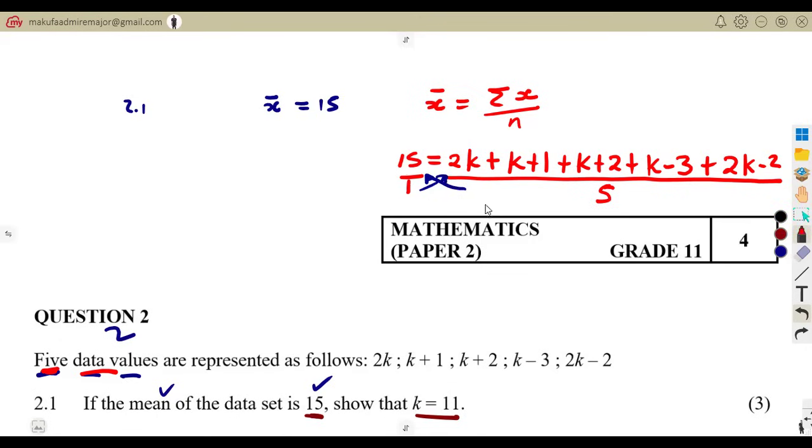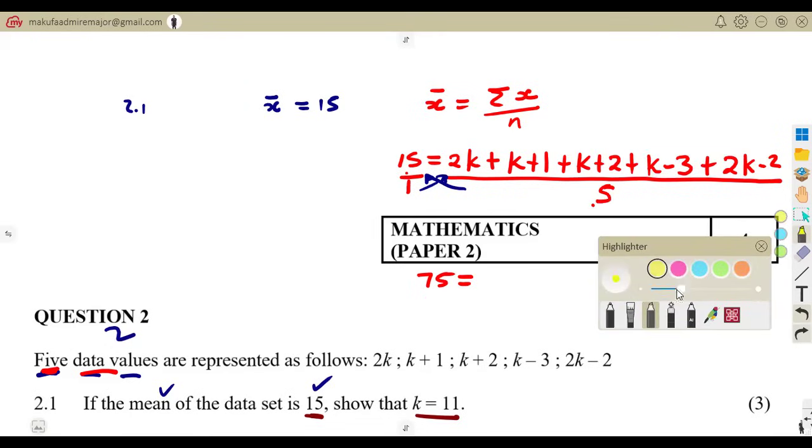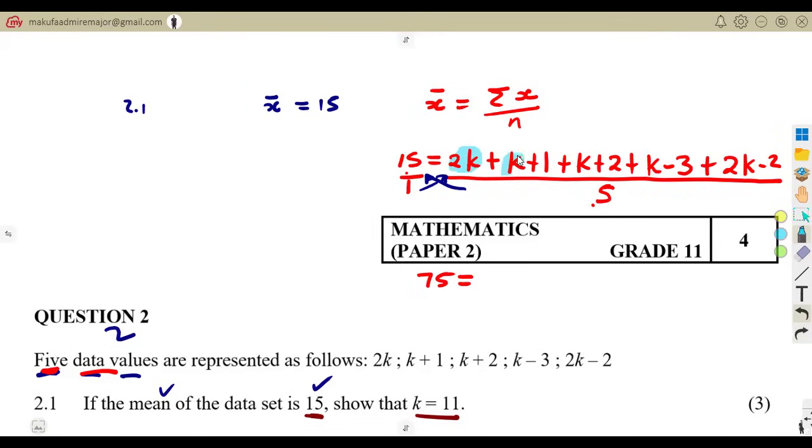So that is 15 times 5, which is 75. So 75 is equal to everything on top. Let us take advantage of the like terms. We've got 2k, plus k, plus another k, plus these 2k.